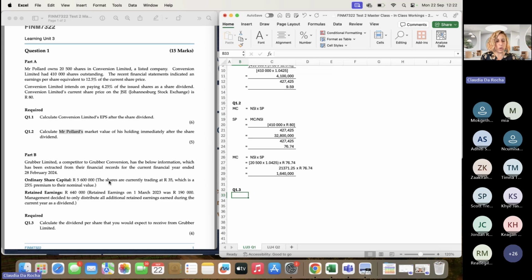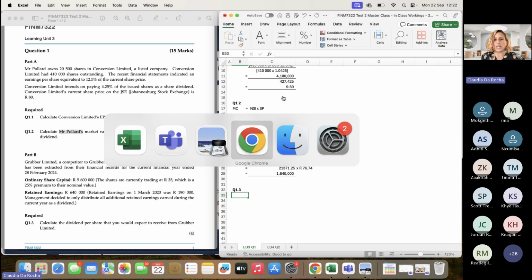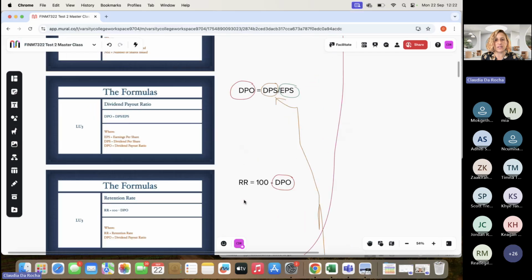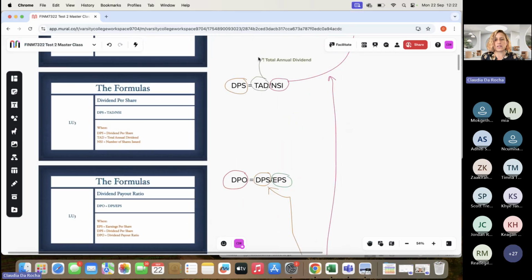Okay, first things first, we always start with our formula. So our dividends per share, as we had done here, it's this one. Our total annual dividend divided by NSI.